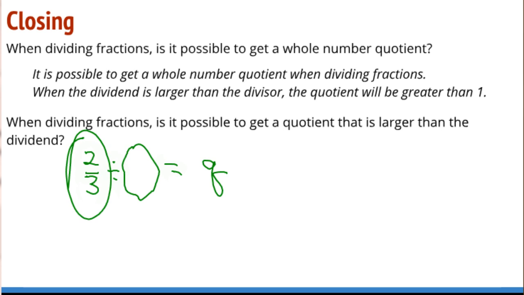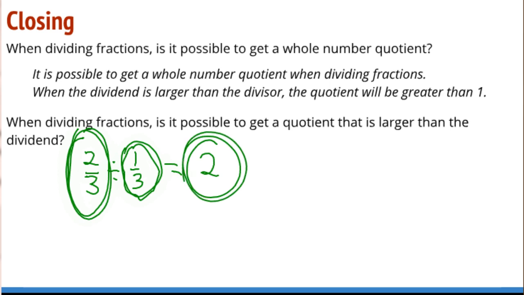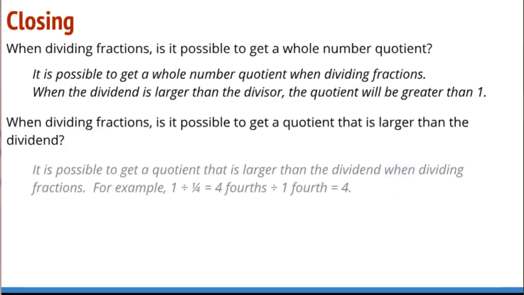Now, I hope that we just saw in the last example that you can look and say 2/3 divided by 1/3 is 2. The quotient is larger than the dividend. So it is absolutely positively possible to get quotients that are larger than the dividend.